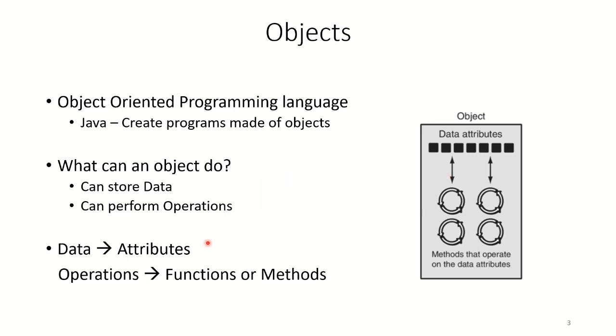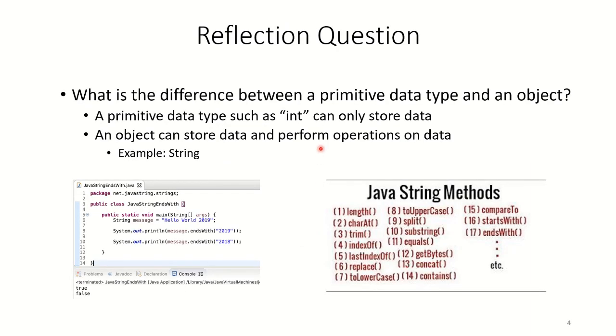When we write a program in Java, the data is represented by attributes or variables and operations are implemented using functions or methods. That immediately gives us a reflection question.